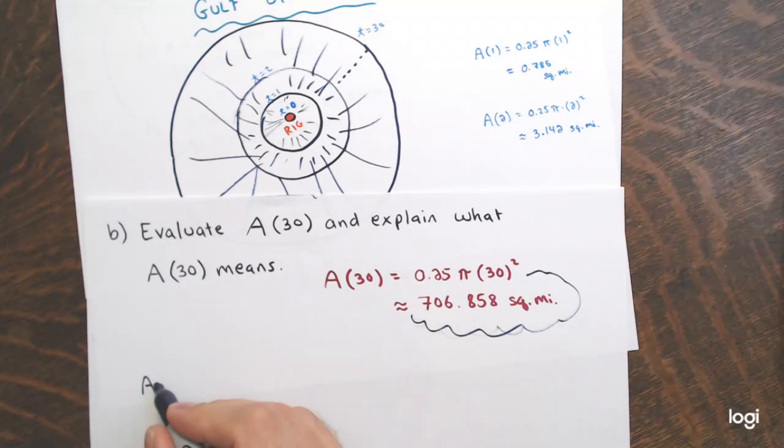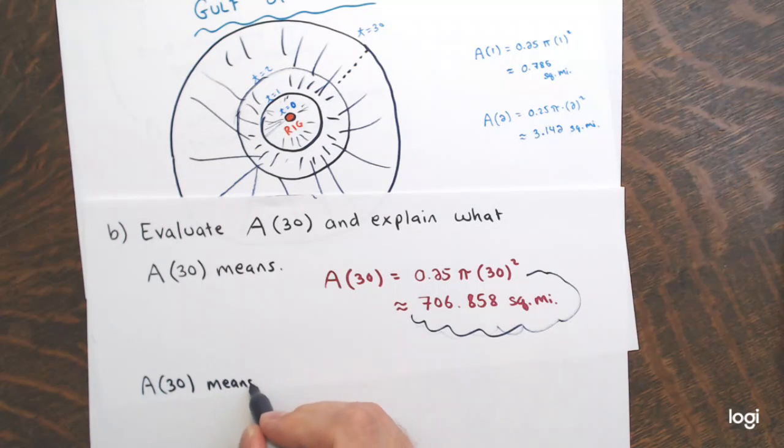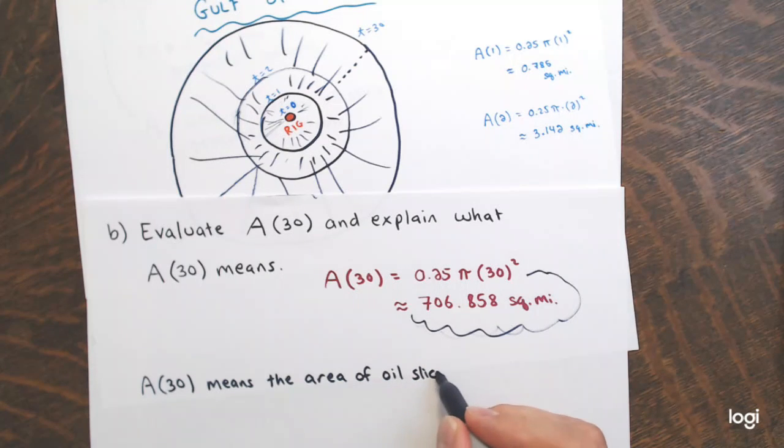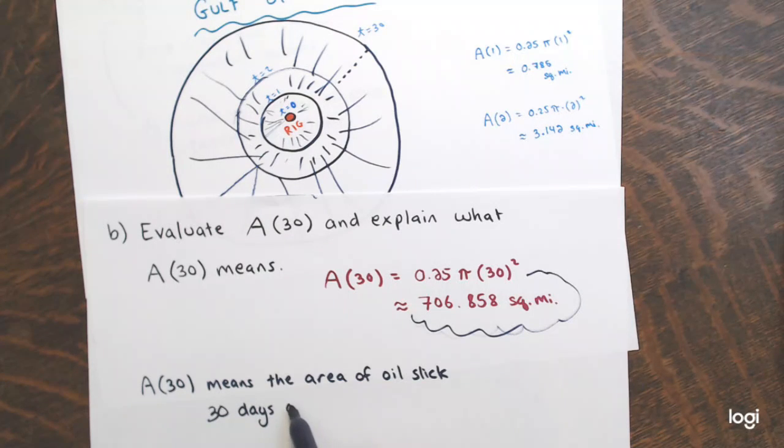So A of 30 simply means the area of the oil slick 30 days after the rig explosion.